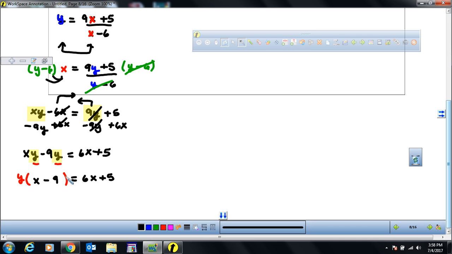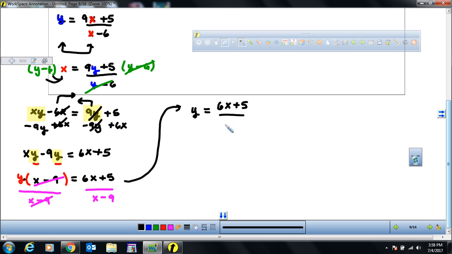Then, how do I leave the y by itself? This one is a multiplication. This one is y times x minus 9. If I want to leave the y by itself, all I have to do is divide both sides by the x minus 9. And that is going to give us the y by itself right here. So that divides out, and we are left with y is equal to 6x plus 5 divided by x minus 9.